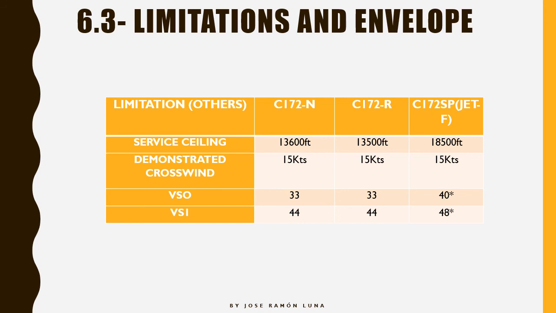A more powerful and heavy engine is going to give a higher stall speed. The same happens with VS1, the stall speed in the clean configuration. It's going to be 44 for the Cessna 172 November and the Cessna 172 Romeo, and for the Cessna 172 SP it is going to be 48, so 8 knots more than with flaps.